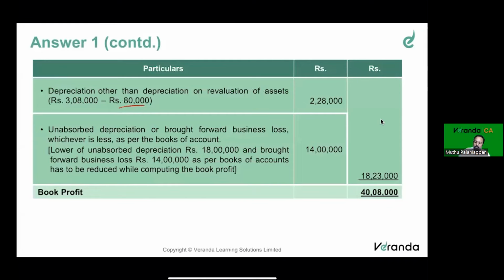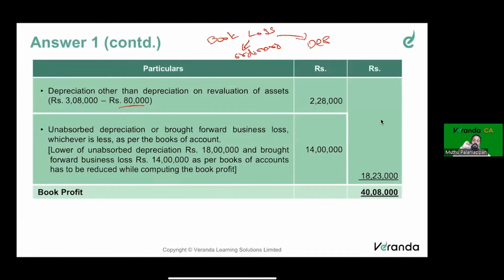Now, one another adjustment in your 115JB is adjustment of losses. So let's say you have a book loss, which includes an ordinary loss, that is the business loss, and then you have the depreciation loss.